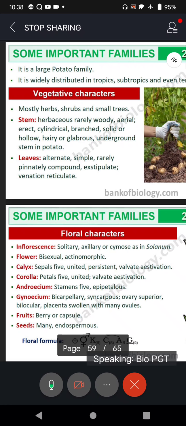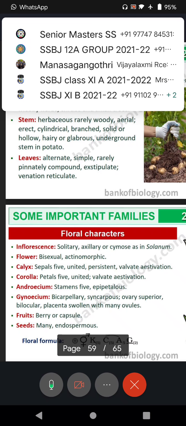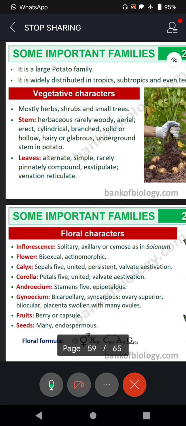A simple leaf is a solitary leaf, the one that you will be observing in hibiscus. And in the compound leaf there will be leaflets, like in neem. And exstipulate, there won't be any stipules, so we say exstipulate.